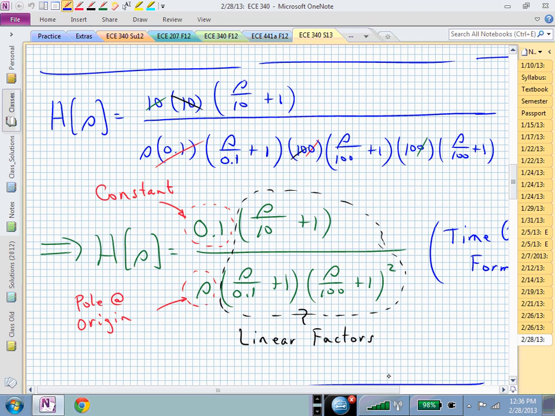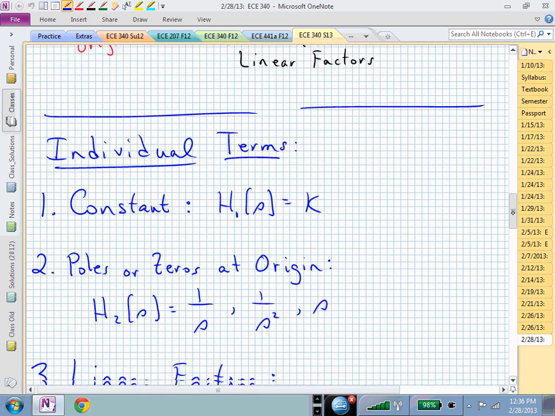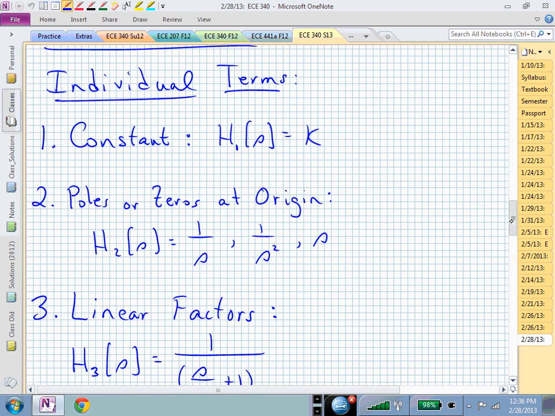I'm going through this quickly because we've already done this. Then we look at those terms. The only term that was missing is number 4, but the first three terms were in that example. We had a constant term, which was 0.1. We actually had a pole at the origin, a 1 over S factor or term.